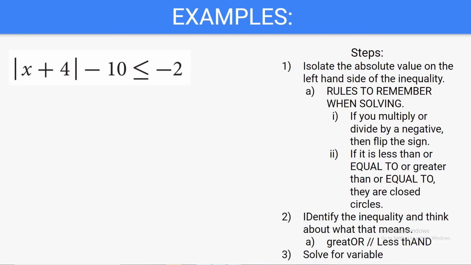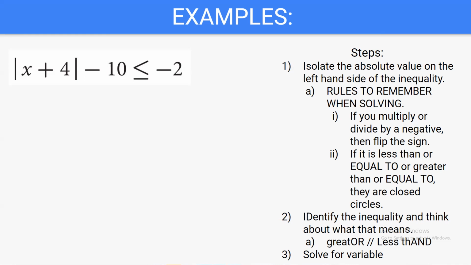Step number 1 is isolate the absolute value on the left-hand side of the equation or the inequality. Okay? Rules to remember when you are dealing with inequalities. If you multiply or divide by a negative, then just flip the sign. If it is less than or equal to or greater than or equal to, they are closed circles, right?